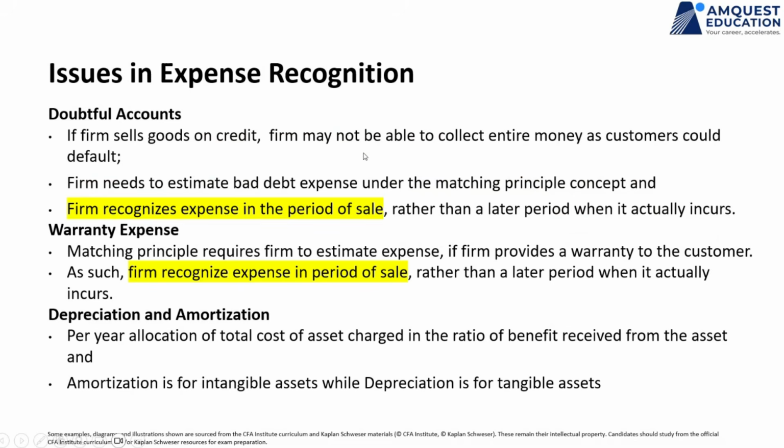Now in expense recognition, again, there are certain issues to be taken care of. What are these issues that we are talking about from an expense recognition perspective? Doubtful accounts. If the firm sells goods on credit, the firm may not be able to collect the entire money as customers would default. And therefore, firms need to estimate bad debt expense under the matching principle, right?